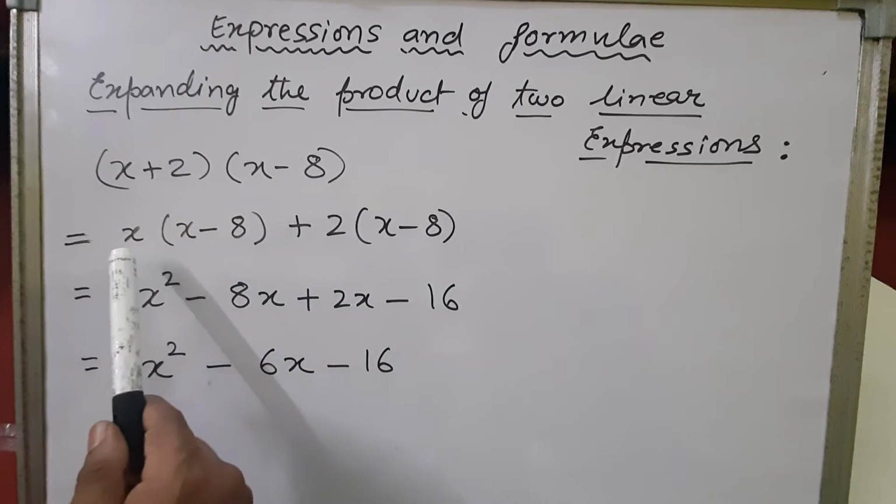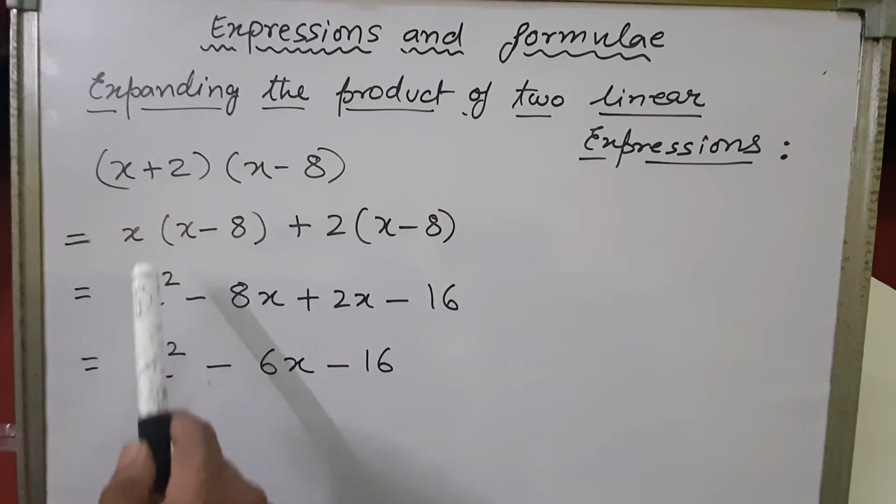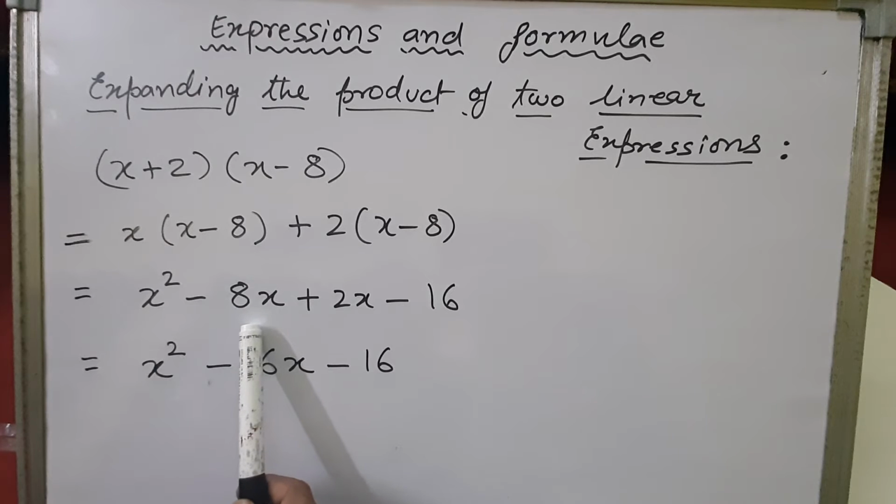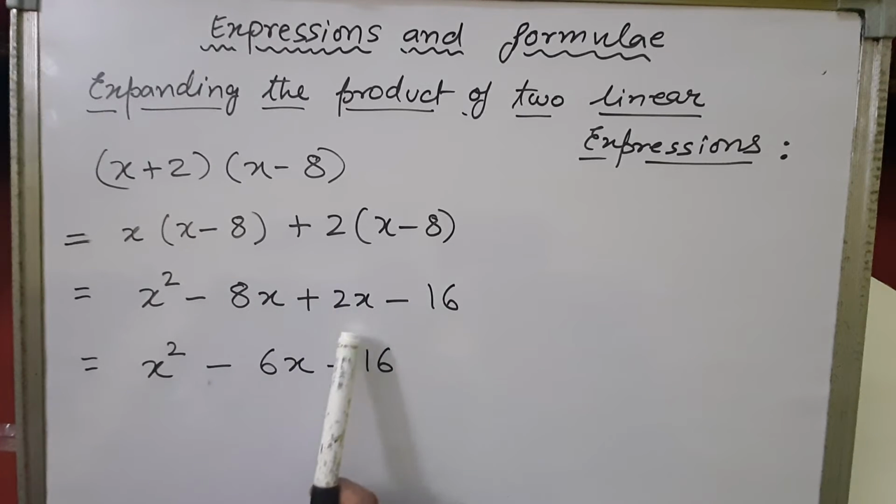Right, now let's multiply. x into x is x square, x into minus 8 will be minus 8x. Plus 2 into x will be plus 2x, and plus 2 into minus 8 will be minus 16. So we can further solve these two terms, minus 8x plus 2x.